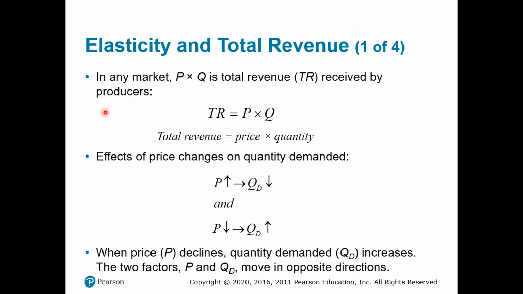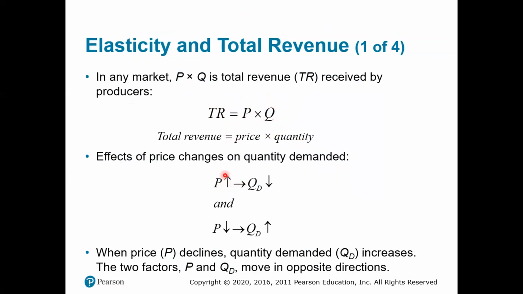So let's start using this idea. Total revenue for a business is equal to price times quantity, right? Price of what you're selling times the quantity. So if I'm a business and I change price, what's going to happen to my revenue? Well, the answer is it depends. We know that if we raise price, quantity demanded will fall.